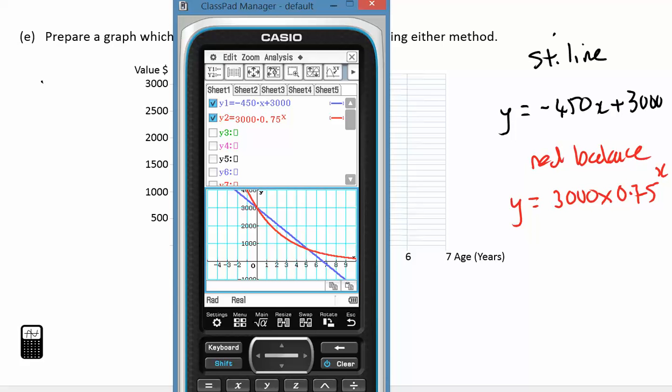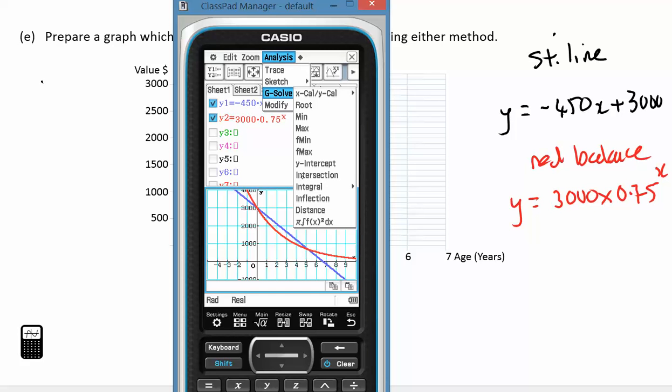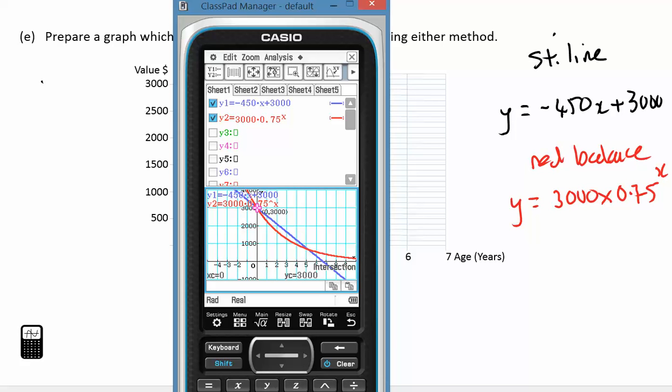Now, this isn't something required to do that often, but I might analyse my graph, G-solve, and I want the intersection point. There are two of them: one occurs at 0 when they're both 3,000, and the second, which might be a little hard to read, occurs at 5.15 years.